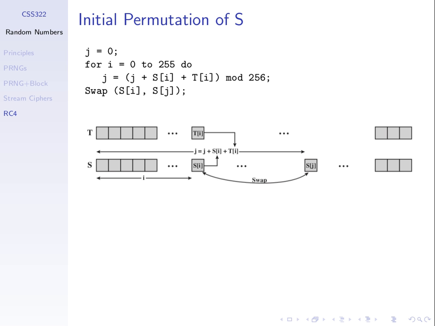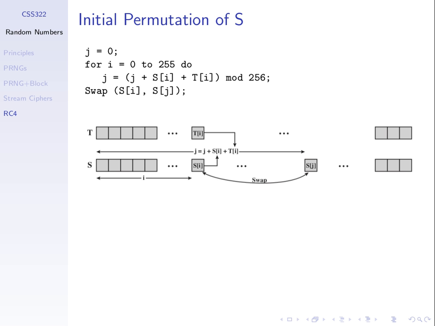So we just repeated that step, but with i equal to 1. Let's go through it. i equals 1, so we're doing these two steps here. j equals the previous value of j, which we calculated to be 1 previously, plus Si, which is S1, plus Ti, which is T1 in our case, because i equals 1.